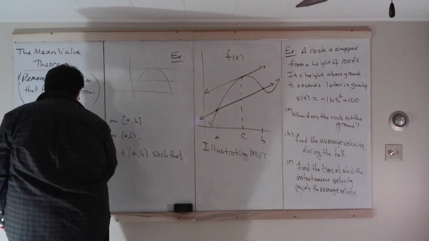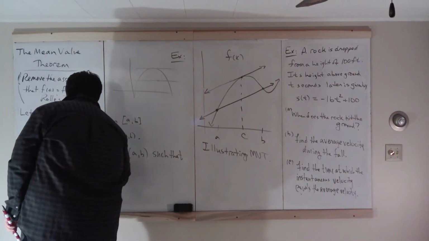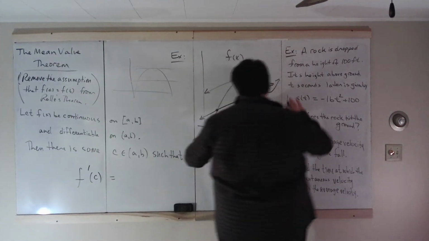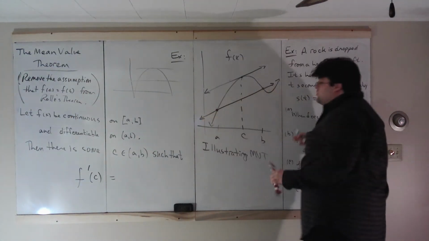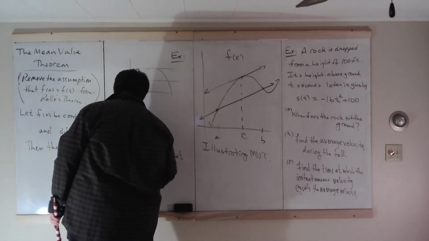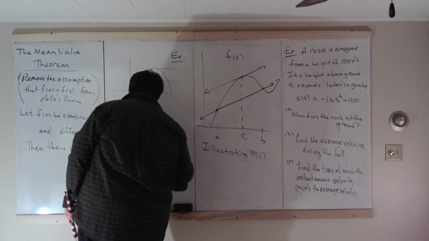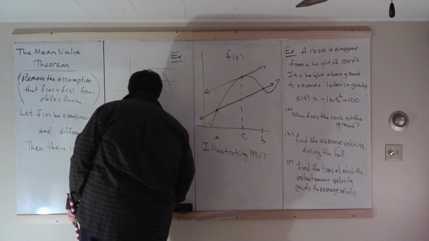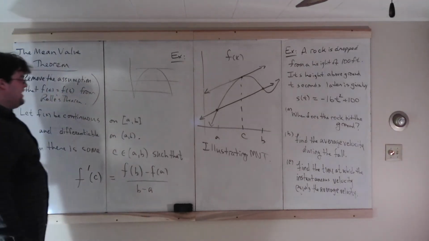So such that, let's put it here, the derivative at c equals what? Well, what's the slope of this line? We have 2 points on the line. So the slope is the change in y over the change in x.